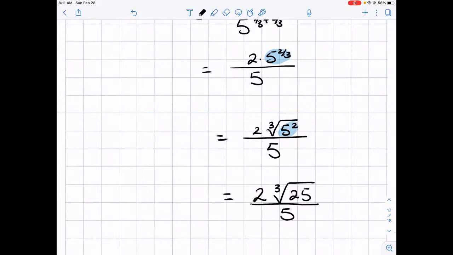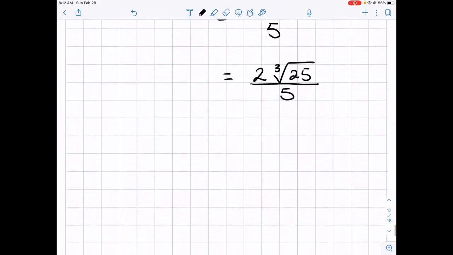So you have to be careful when it is a cube root, or any root. What you're asking yourself for the conjugate is, what will make it a positive 1 power?